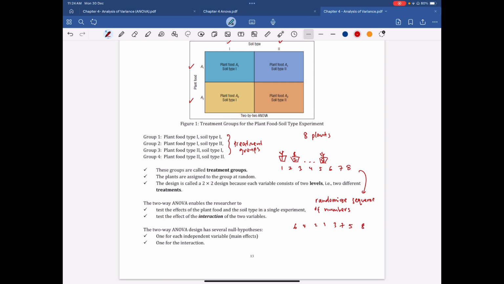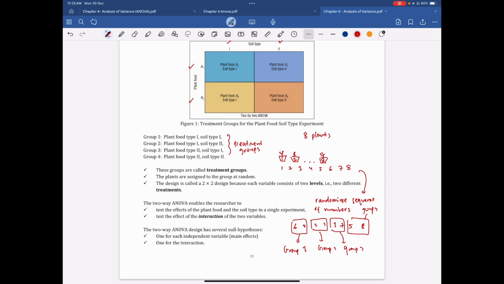Let's say these are the numbers. This 6 and 4, I will assign as group 1. This 2 and 1, I will assign as group 2. This 3 and 7, I will assign as group 3. And this 4, 5 and 8, I will assign as group 4.